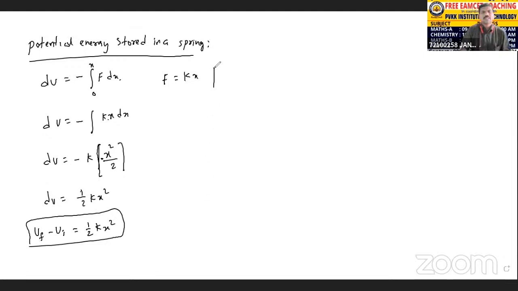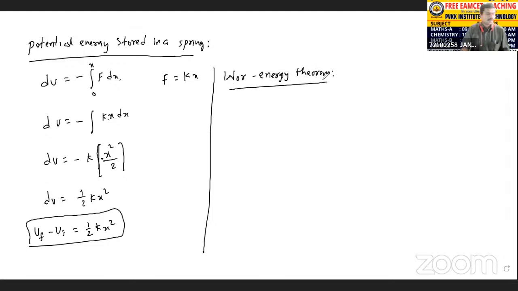So we know the work energy theorem. You already know this. The work energy theorem says that total work done W is equal to the change of kinetic energy, Kf minus Ki.